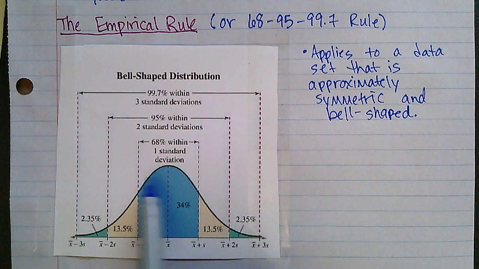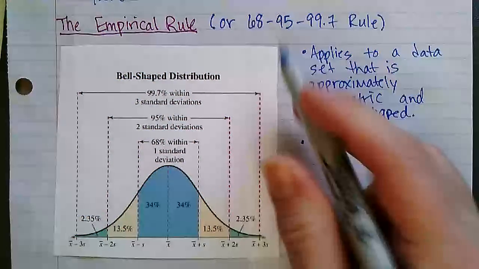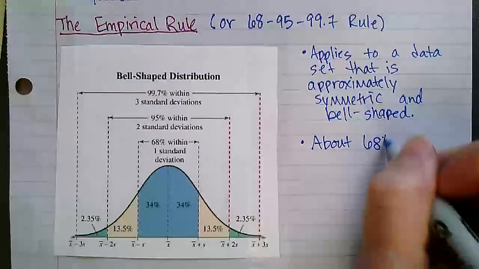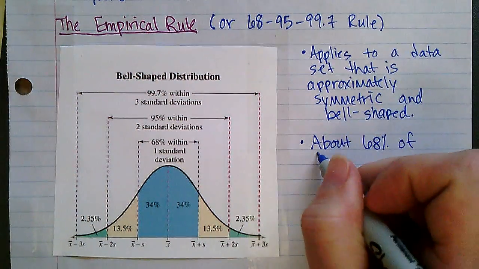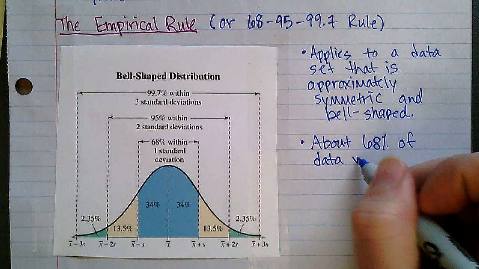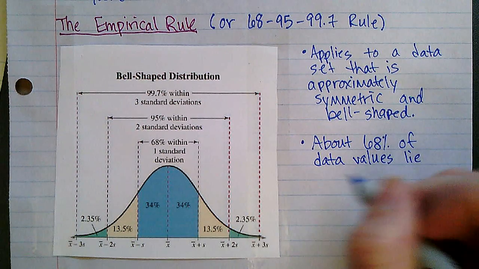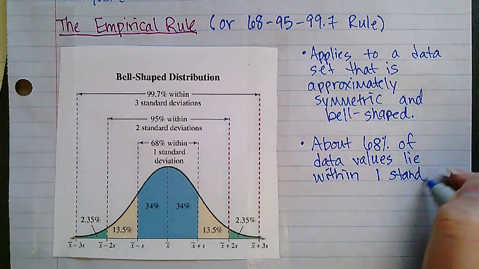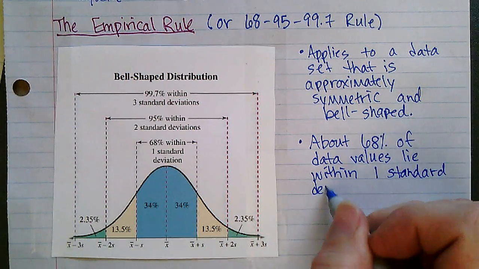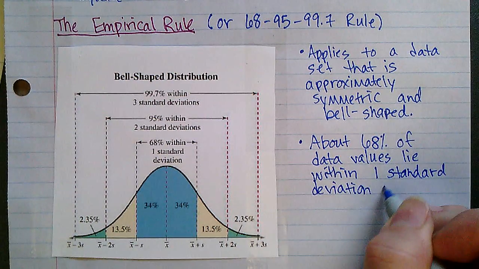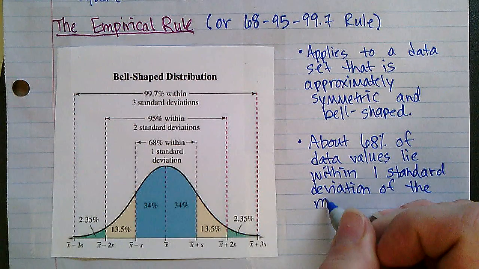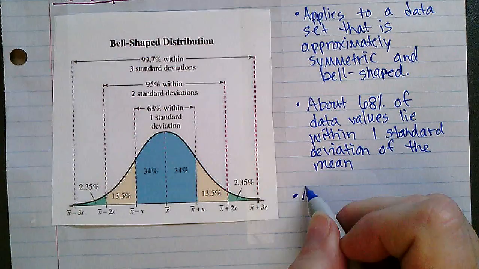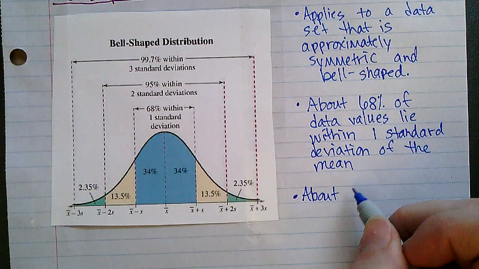And just like this graphic shows, the 68 part of the name comes from knowing that about 68% of data values lie within one standard deviation of the mean. And then about 95% lie within 2 standard deviations of the mean.